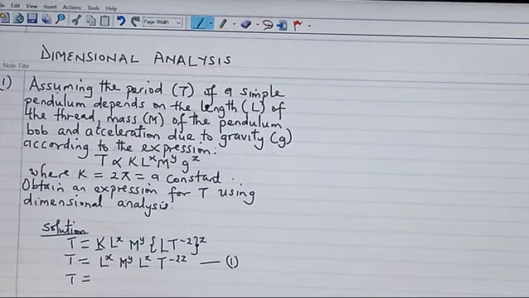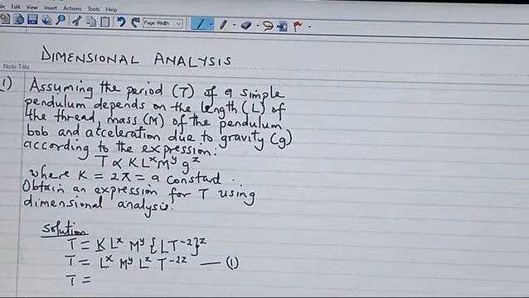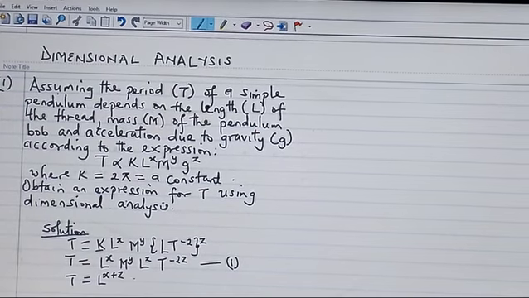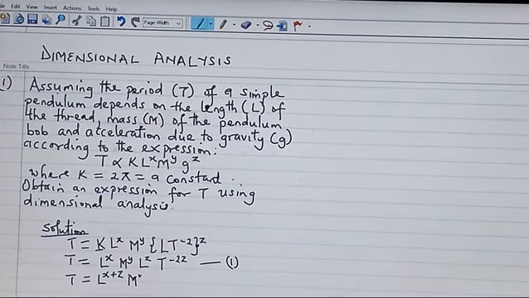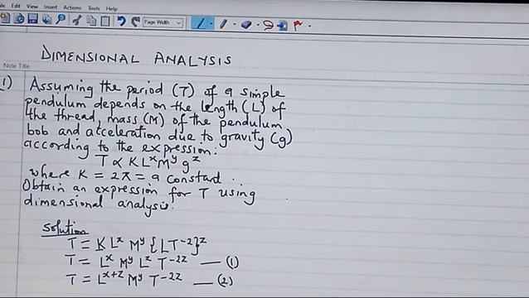Since we have L raised to power X, L raised to power Z, then we apply that law that says when we have the same base, just choose one and add their power. So for this, we say L raised to power X plus Z, M raised to power Y, and T raised to power minus 2Z. Call this equation 2.